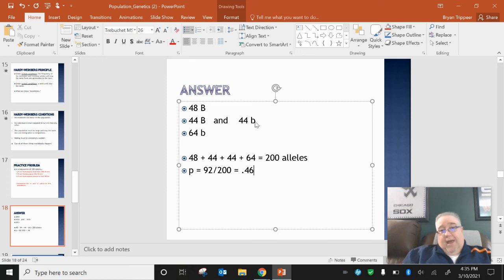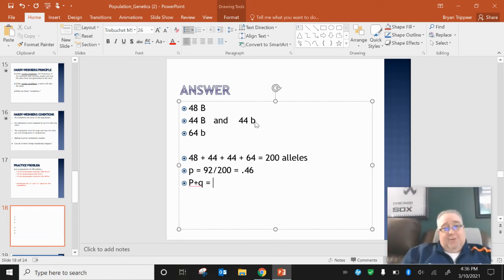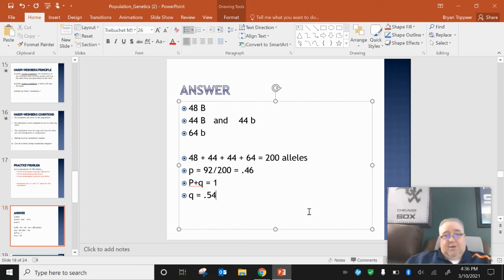Now you could go ahead and calculate Q, but remember, P plus Q equals 1. So if your P is 0.46, that means your Q must equal 0.54.